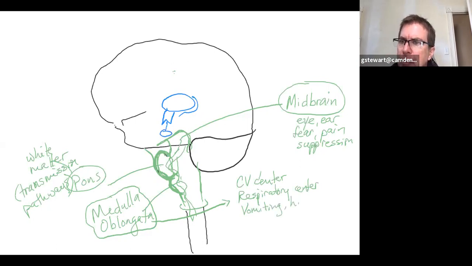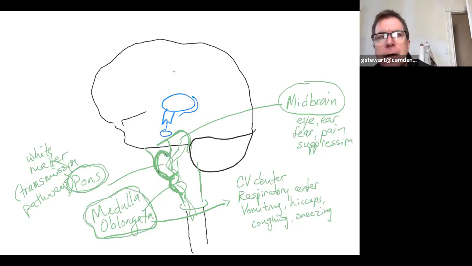When we have hiccups, that is regulated or controlled by that part of the brainstem. Coughing, sneezing. So as you can see, the midbrain and pons don't have a lot of regulatory functions, more transmission functions, and predominantly the medulla regulates a lot of basic physiologic survival things like breathing, heart rate, digestion.